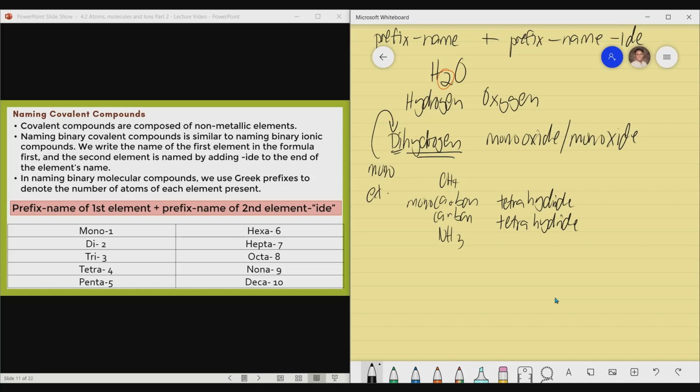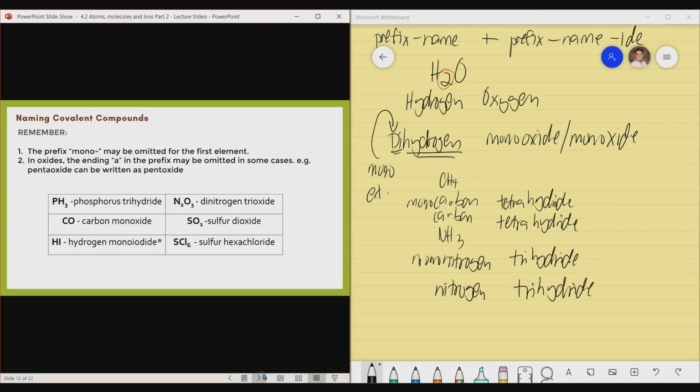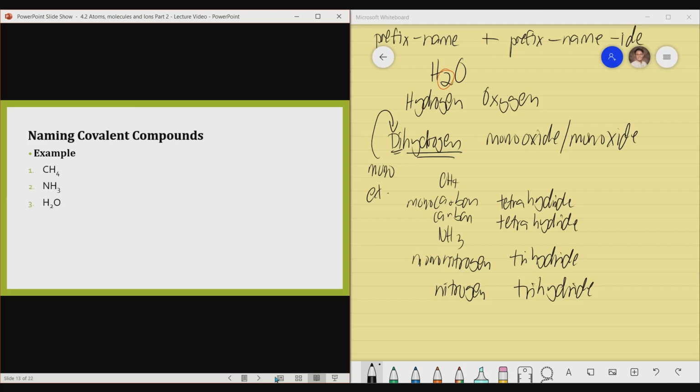How about NH3? So, I can write it as mononitrogen trihydride or nitrogen trihydride. And then last one, N2O.